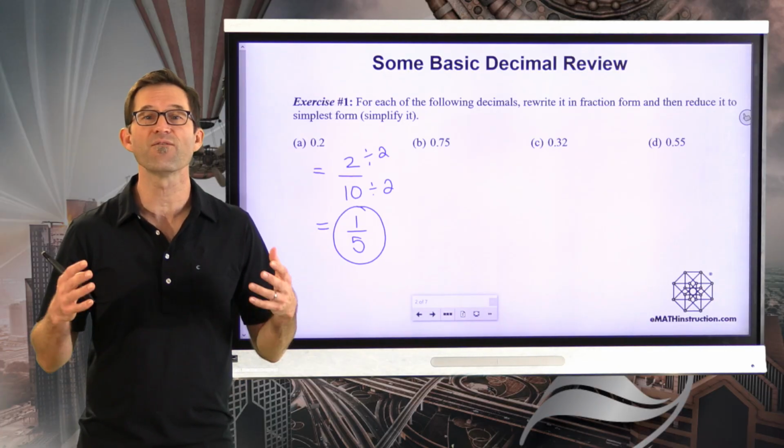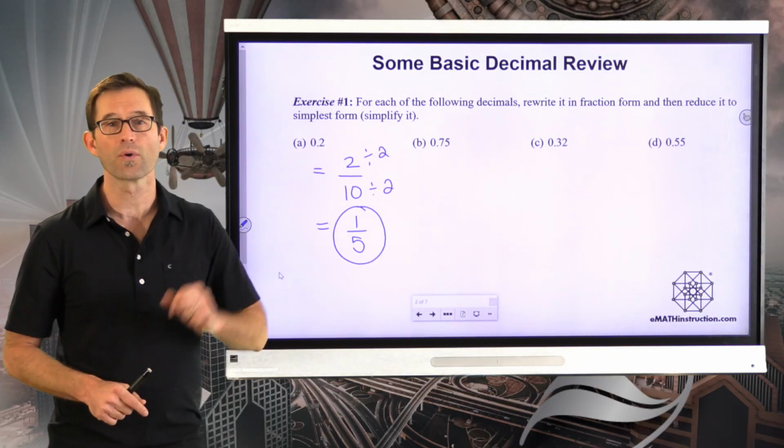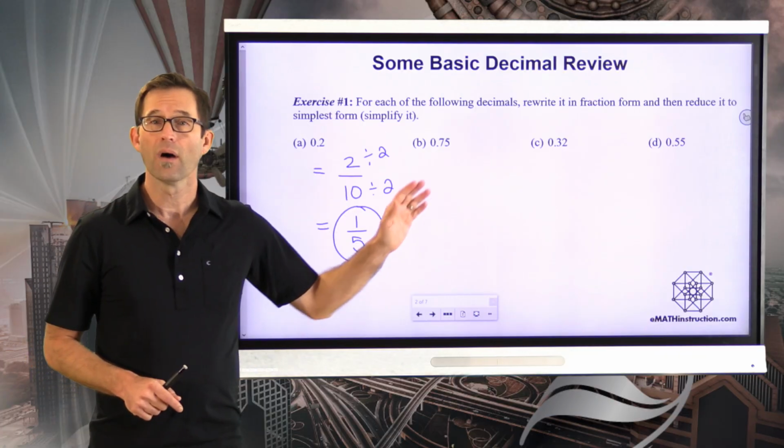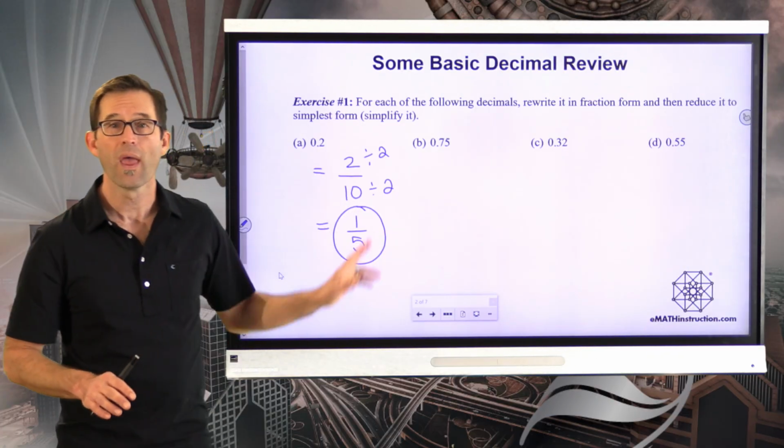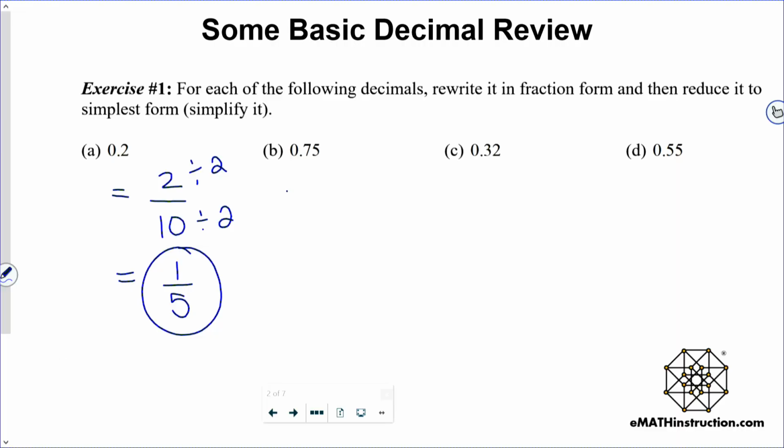It's one of the most famous decimals of all, 0.75. Now, a lot of times people will literally read this as 75 hundredths, right? And when we have two decimal places, we can literally rewrite this with a denominator of 100.